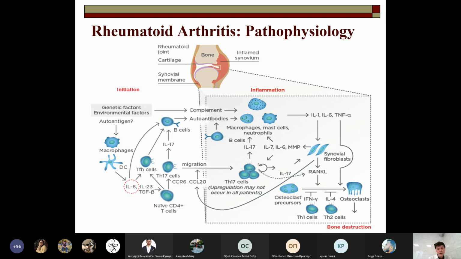So we don't know exactly in which way Th1 cells cannot suppress and cannot induce endogenous apoptosis of B cells.